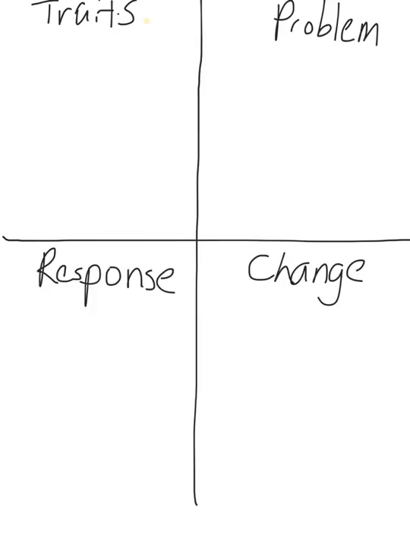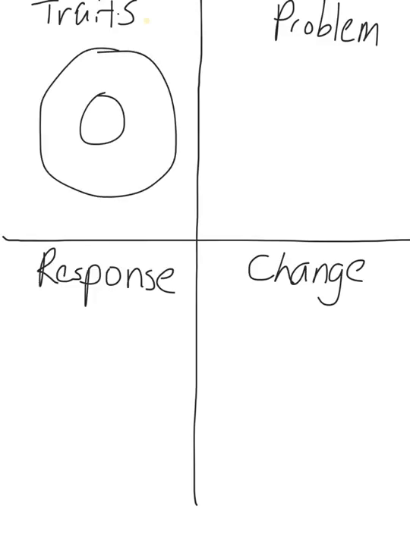What kind of person are you going to have? And here you can use a lot of different ways to describe your main character. You can draw a circle map with your character's name in the middle.